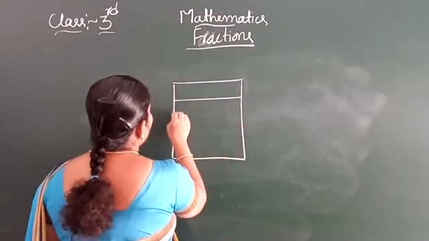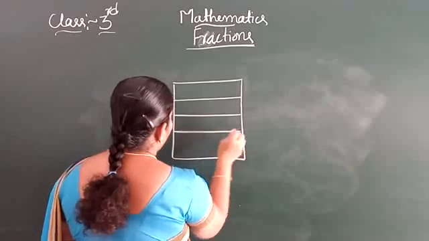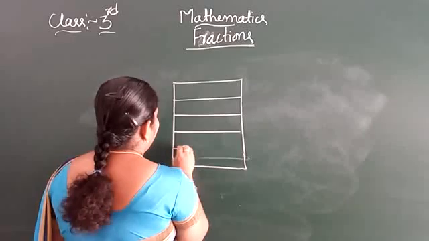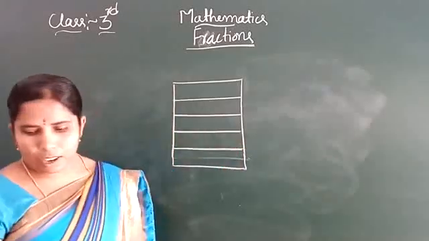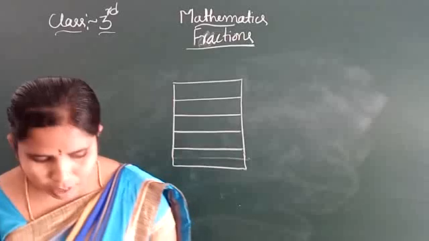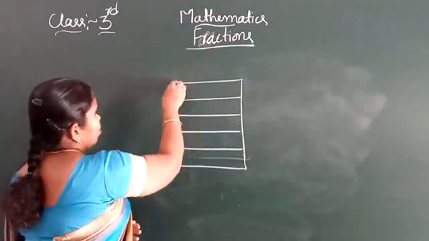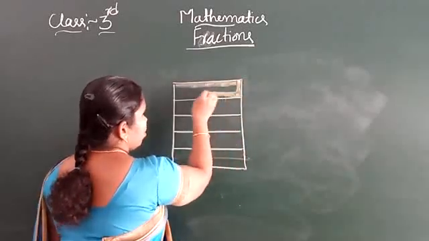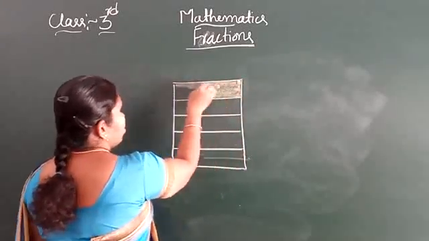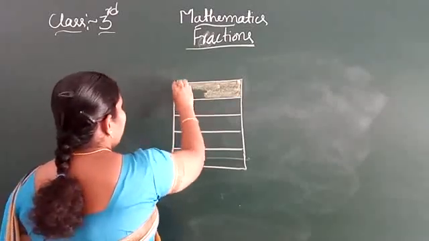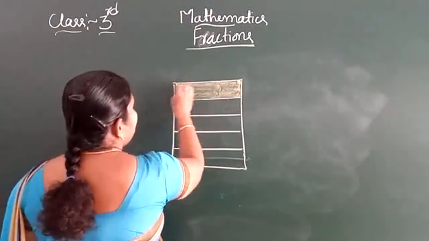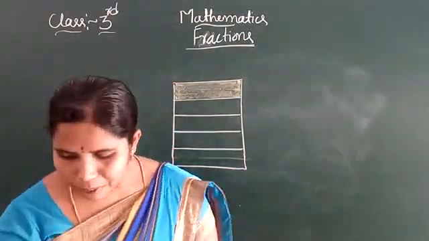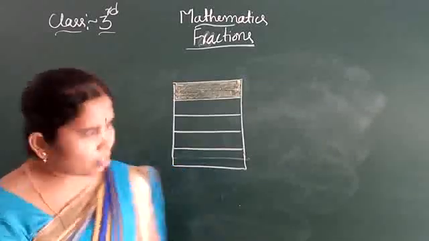One, two, three, four. Okay, so for shading we can use a color chart to shade the part of the rectangle. One more color chalk I will use.